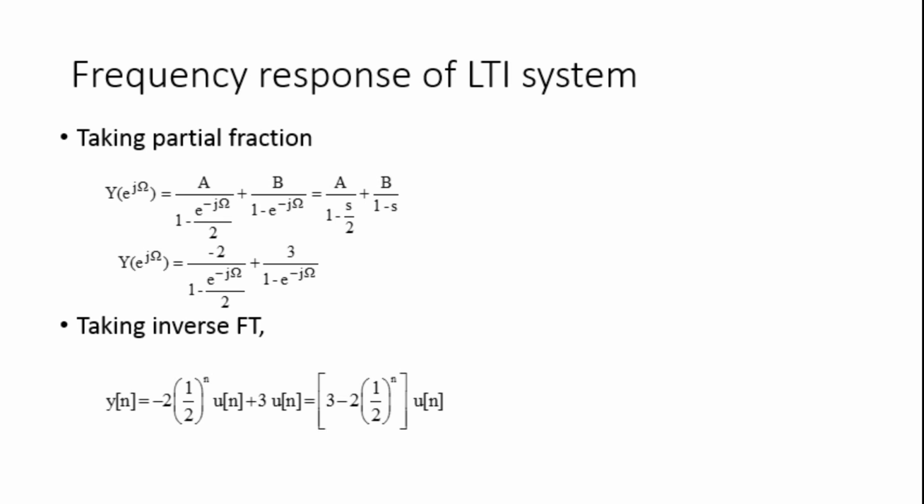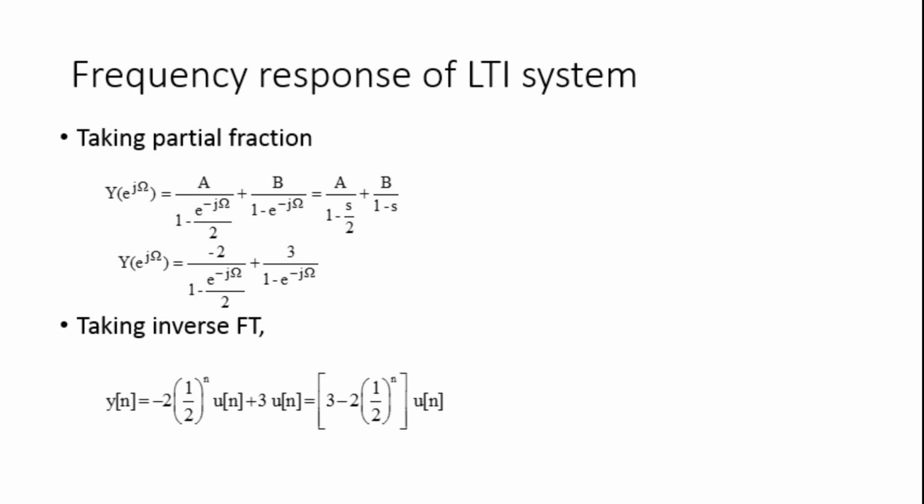Then Y of e power j omega is equal to minus 2 divided by 1 minus e power minus j omega by 2 plus 3 divided by 1 minus e power minus j omega.